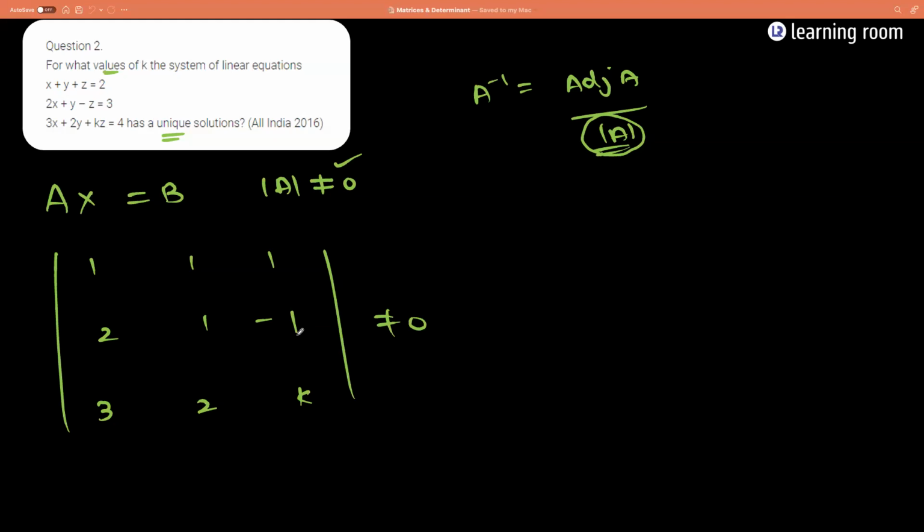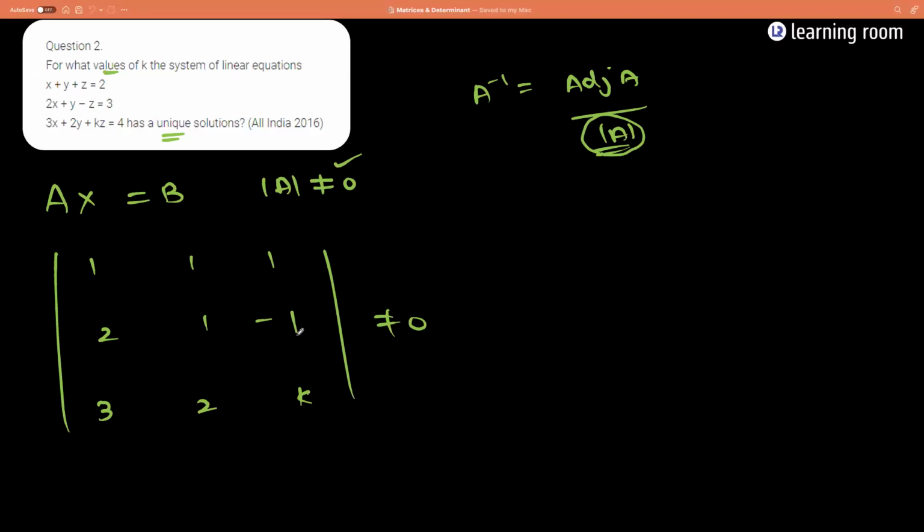I hope everybody understood why I got 1 1 1, because A is the coefficient matrix.